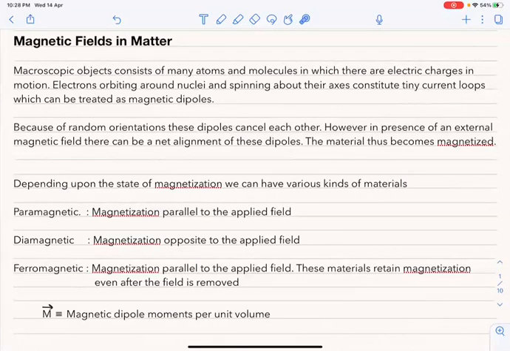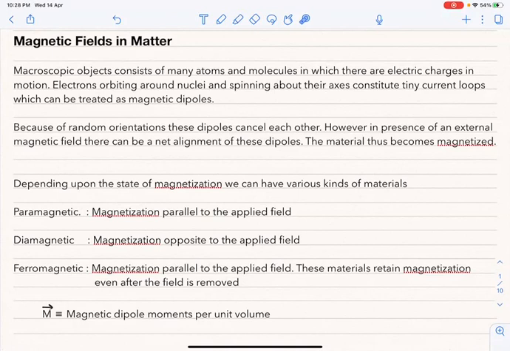To understand that, you first need to think that these macroscopic objects consist of many atoms and molecules. And in each of these atoms, there are electric charges in motion, and that's your electron, right?